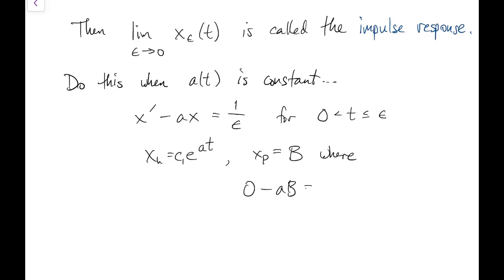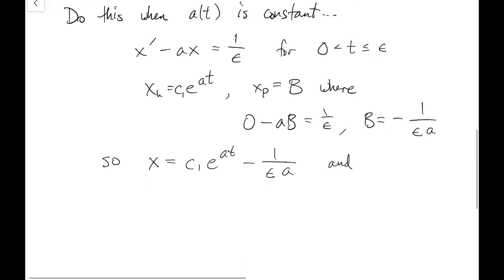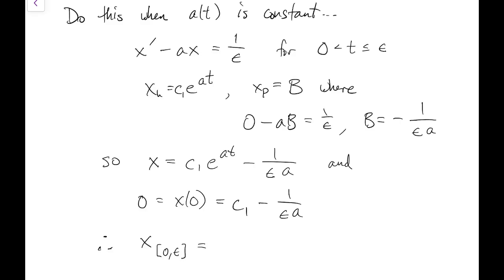We can easily figure out what that constant has to be. And that gives us the general solution on this segment. Then we apply the initial condition to that, and we find the constant C1. So that's our first segment.